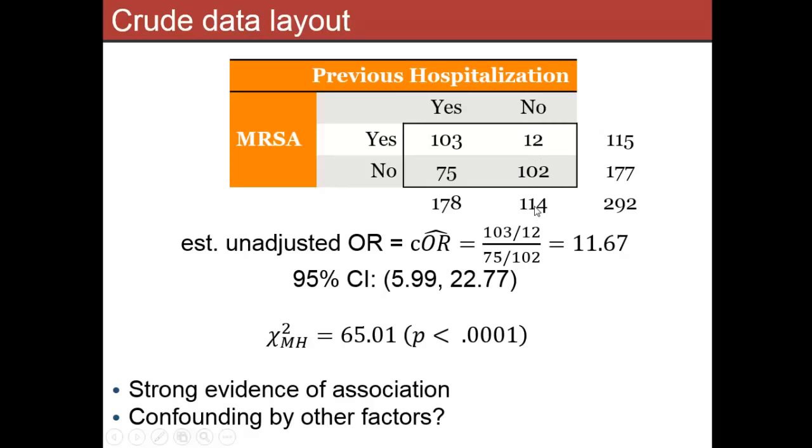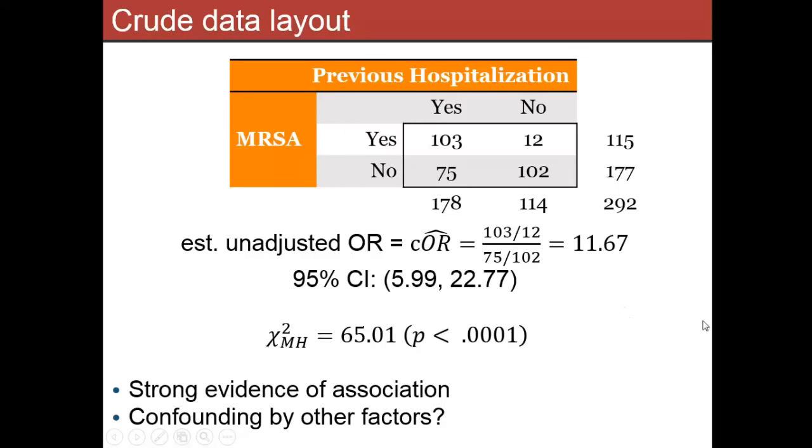If you measure that with an odds ratio, I just verbally said the prevalence ratio, but if you turn that into an odds ratio, you'd say, wow, almost 12, a really strong association. And then here's the confidence interval around that, as determined through the procedures we talked about last semester.